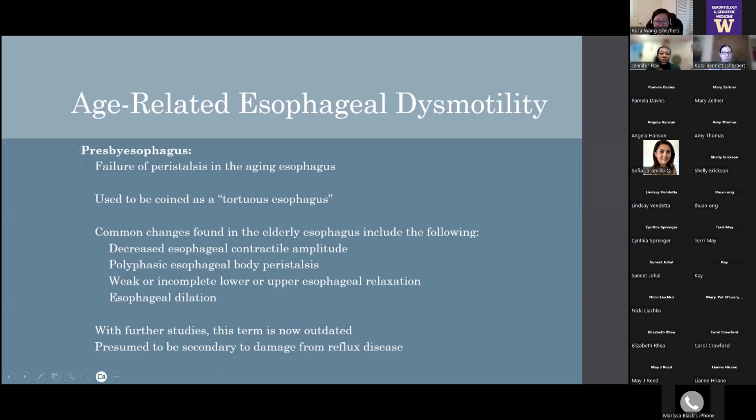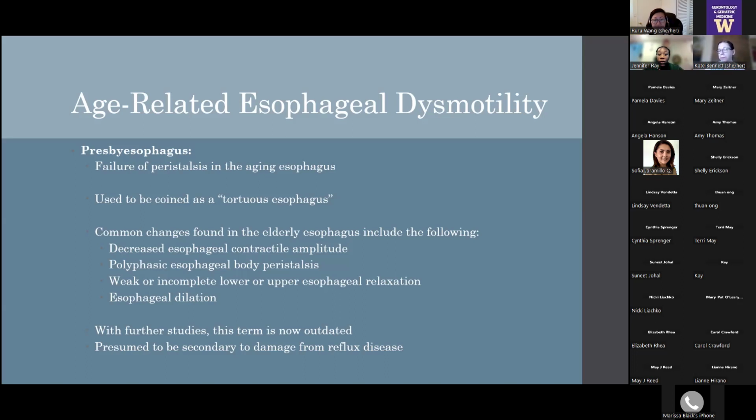We used to have this term called presbyesophagus or failure of peristalsis in the aging esophagus. And this used to be coined as a tortuous esophagus. Sometimes we would comment on this during our endoscopic exams and reports. This consolidates a couple common changes found in the esophagus as we get older.